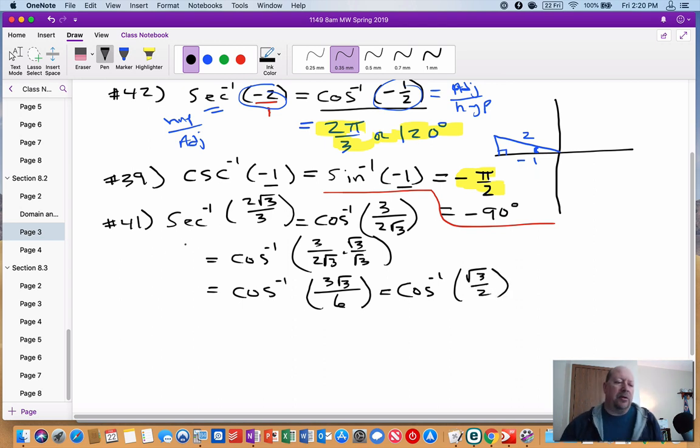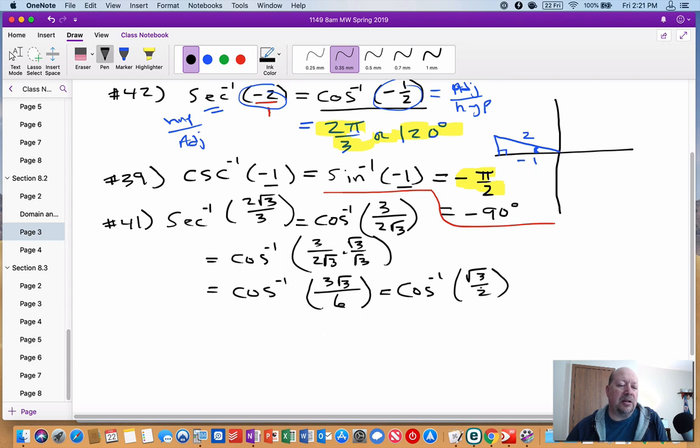So my answer to my initial question, what is the inverse secant of 2 radical 3 over 3, is going to be the same thing as the answer to the inverse cosine of radical 3 over 2. So we need to find an angle whose cosine is radical 3 over 2. It has to be in the first or the second quadrant, since inverse cosine gives us angles back in the first or the second quadrant.